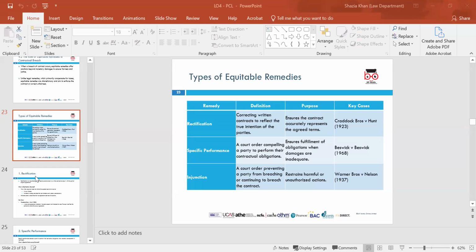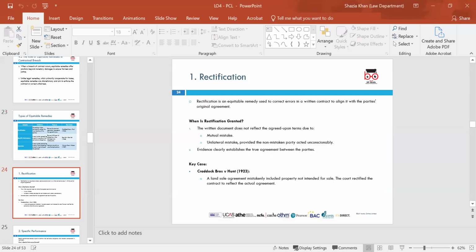So we'll go into more detail about rectification, so you've got a little bit of an idea what rectification is and how it plays a big part when it comes to elements of breaches of a contract.